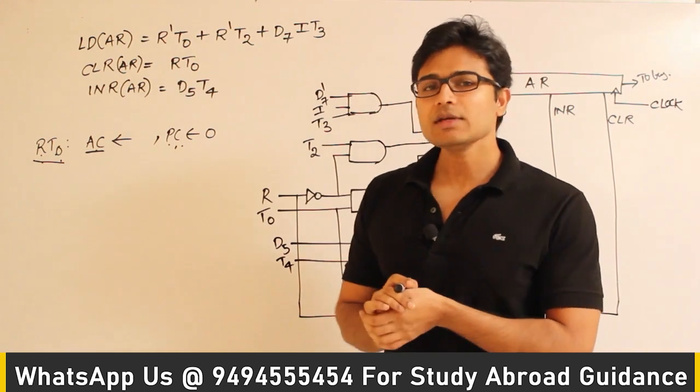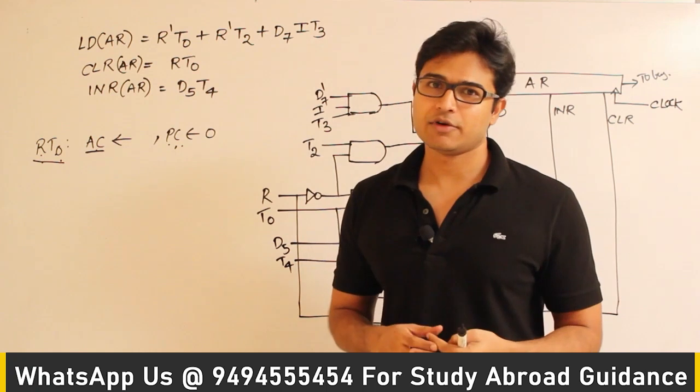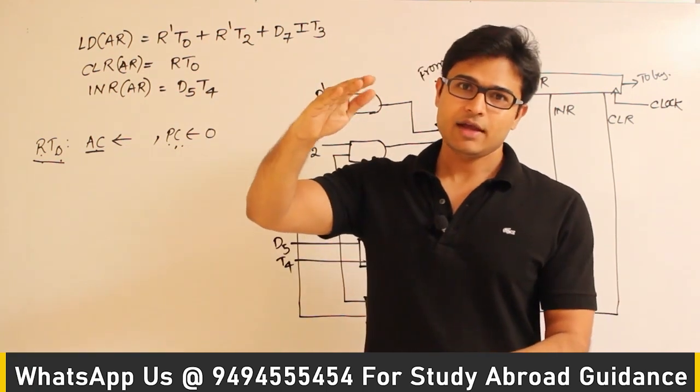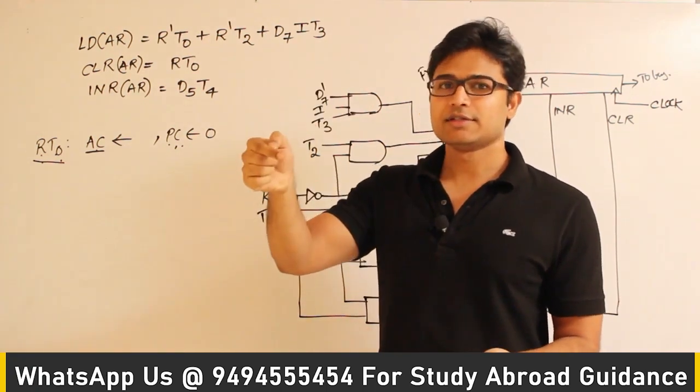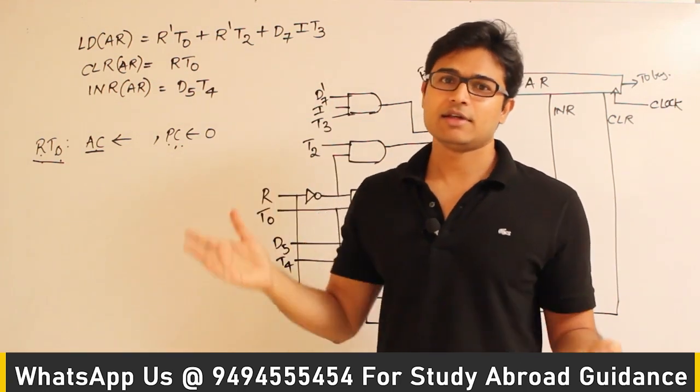Got it? So for all these 32 instructions, whatever micro operations we have written, if you put them together and see for every register and every flag what has to be done, then we can design the control unit.